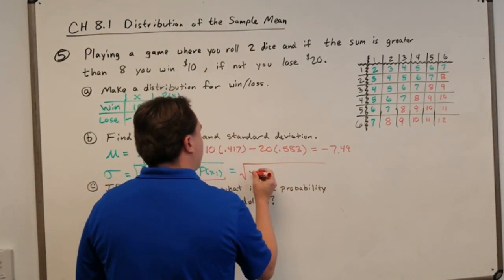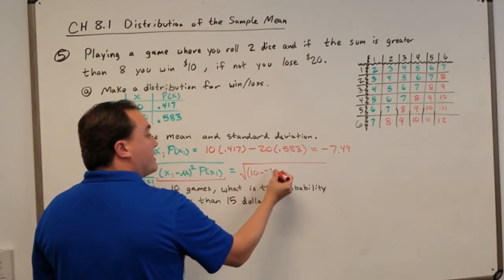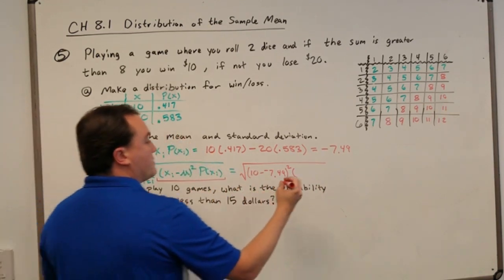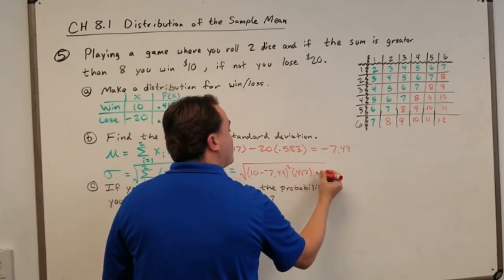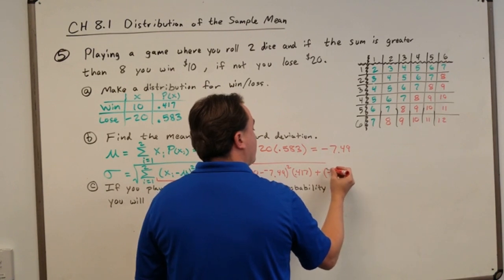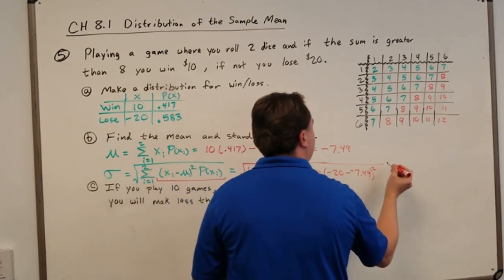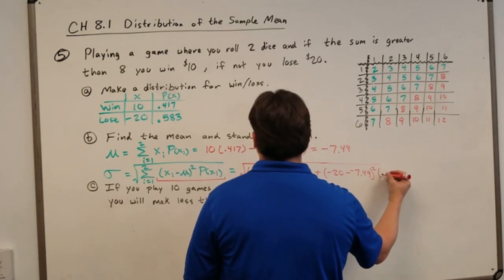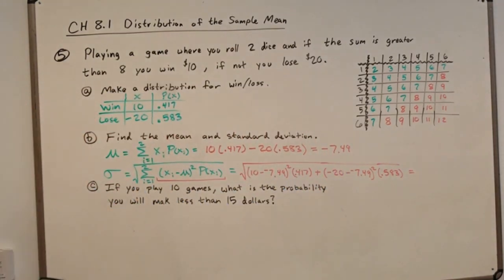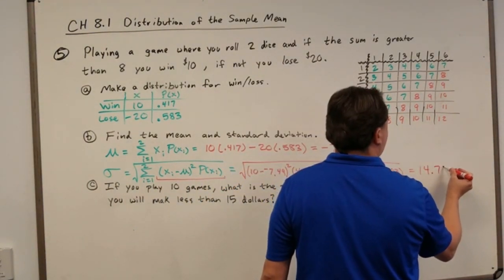So we have the square root of each x, 10 for first, minus negative 7.49 squared times its probability, 0.417, plus negative 20 minus negative 7.49 squared times its probability equals, and we get 14.712.